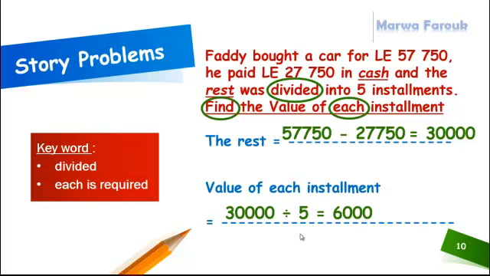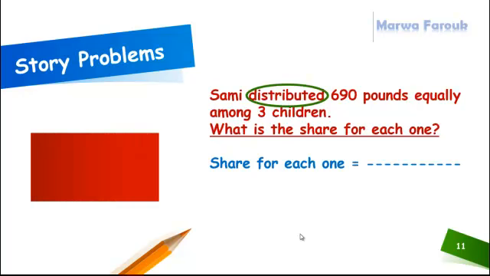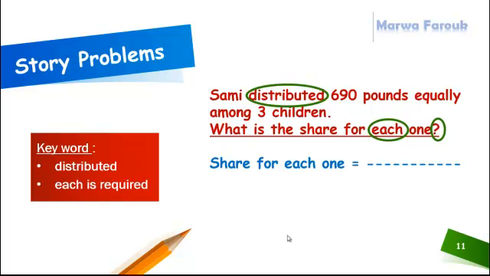Okay, let's take another one. Sammy distributed 690 pounds equally among 3 children. What is the share of each one? Here we have two keywords. The first one is distributed, and the second is each, also in a question. So each is required, and we are going to make a division again. So we will say 690 divided by 3.